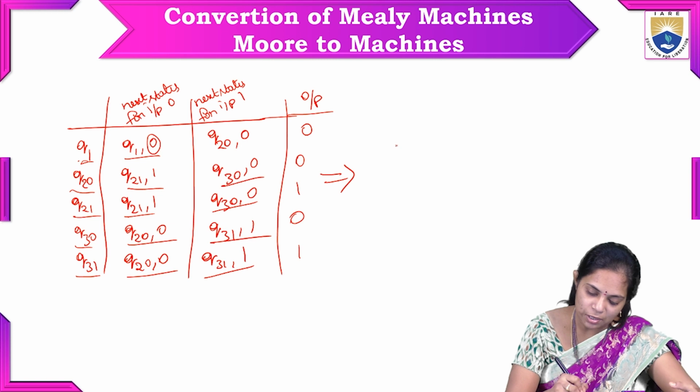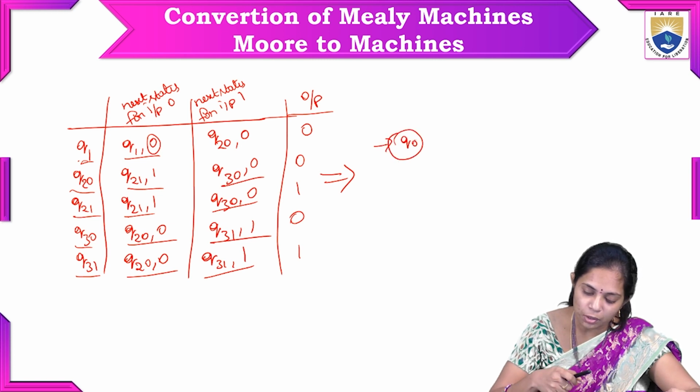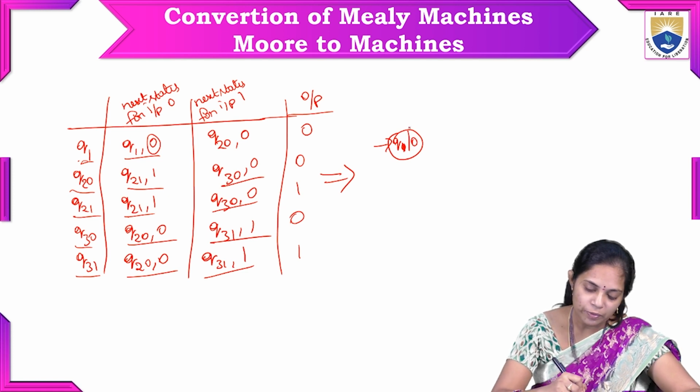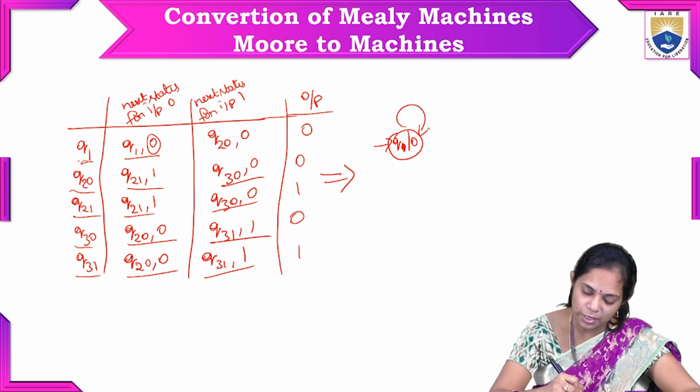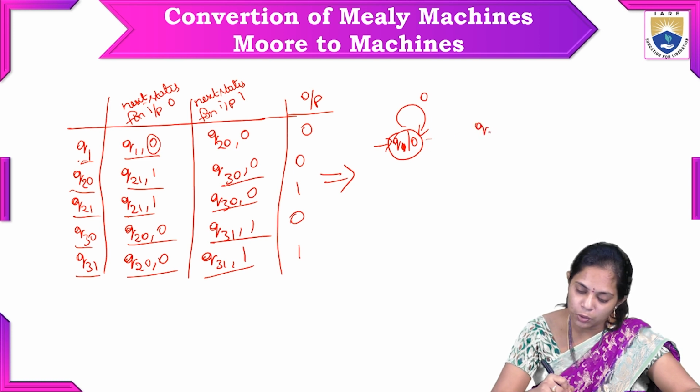So let's construct the same table as a transition diagram. In the Moore machine, along with the state name, we have to write the output also. So Q1 with the output 0: when we give 0 as an input, it goes to itself, Q1, and on 1 it goes to Q2 0 with the output 0.